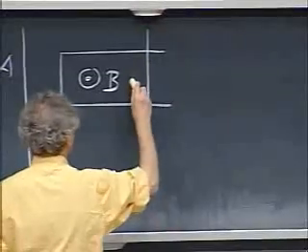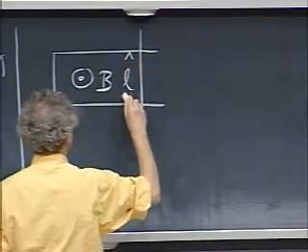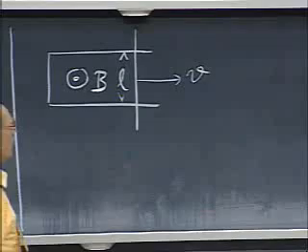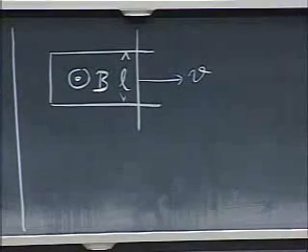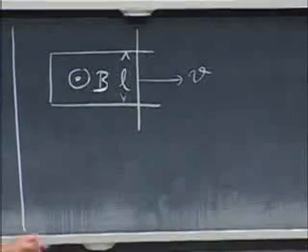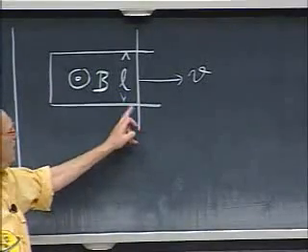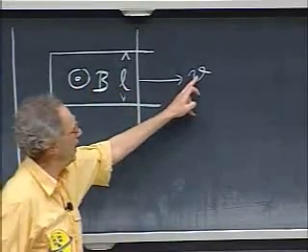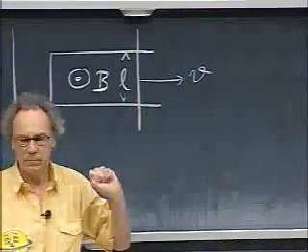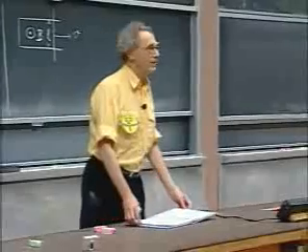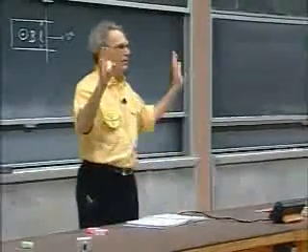And we have a bar here which has length L. This is length L here, and we move the bar with velocity v to the right. So this is a very simple case. V is perpendicular to the bar. That makes it always easier. And B is perpendicular to the plane through V and L. So that makes all sines of theta that we may have, or cosines of theta, all one.